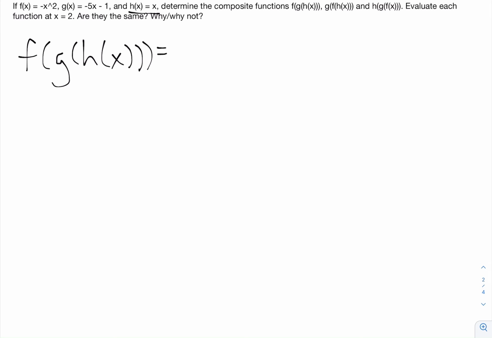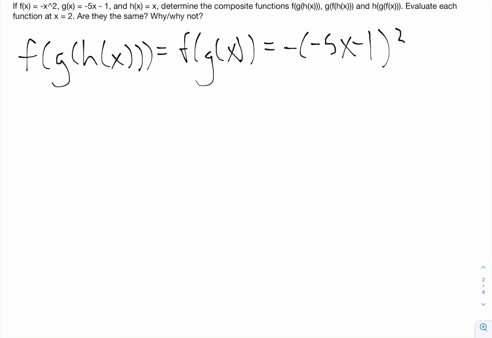Because if we replace the x's in g of x with h of x, it's still going to be an x. So this is really f of g of x, okay? And g of x is negative 5x minus 1, and f of x is negative x squared. So this is going to be negative 5x minus 1 squared, and I'll just expand this for you.